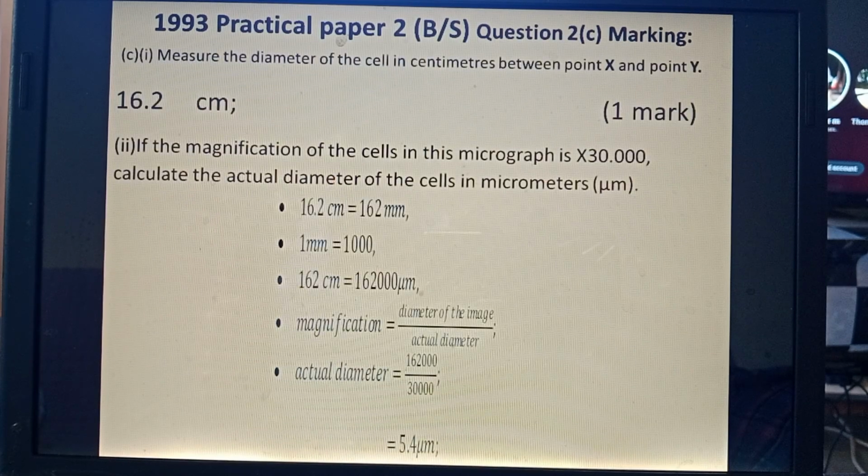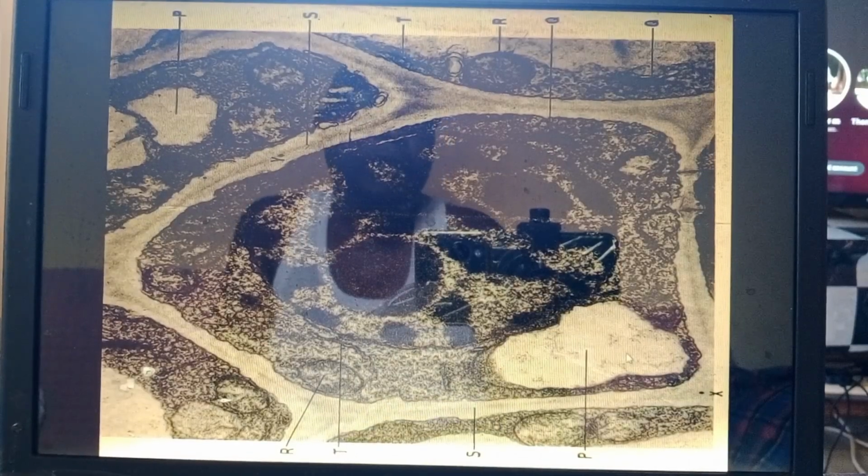You measure X to Y and you get 16.2 centimeters. So let me go back. So this is X here. You draw a line up to Y here.